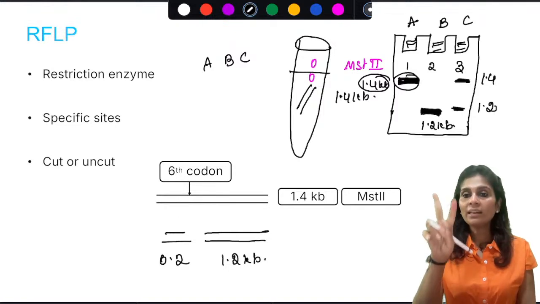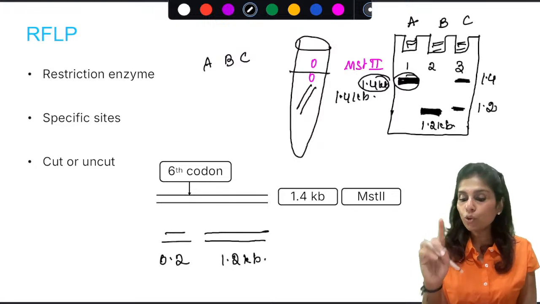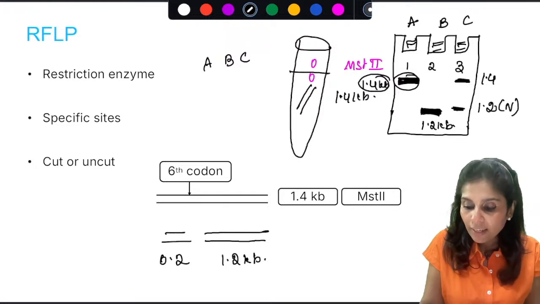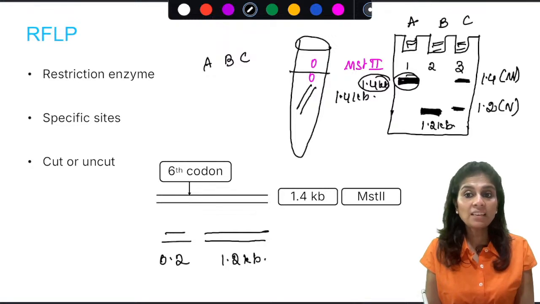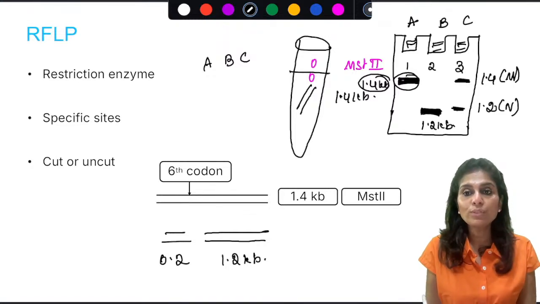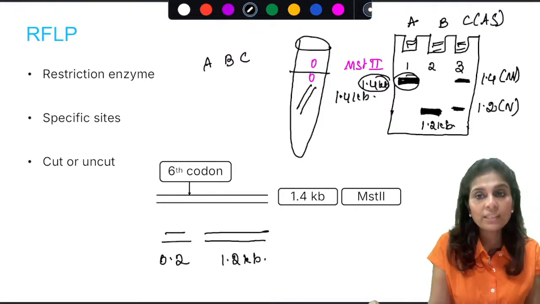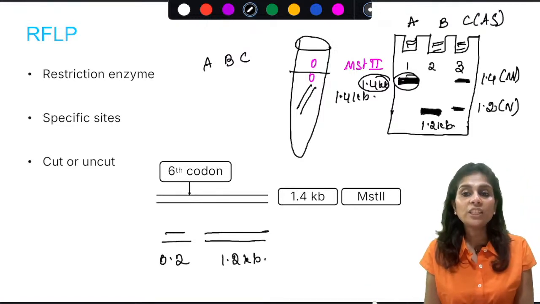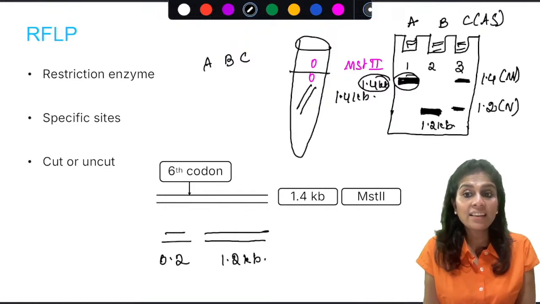So when I say one is cut, the other one is uncut, it means one allele is normal. This is a normal allele and this is a mutated allele. So person C is heterozygous for the mutation. Do you understand this? Person C is heterozygous for the mutation. Person C, the genotype is AS, meaning person C is a carrier.